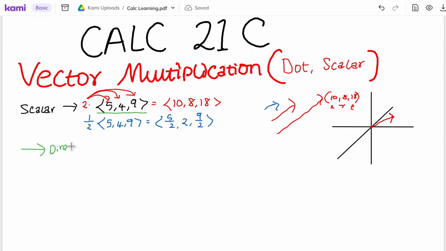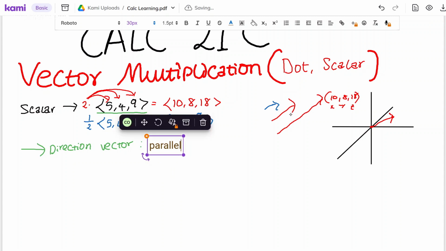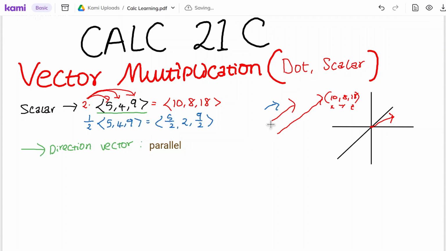And when you multiply a direction vector by a scalar, it gives you a parallel vector. As you can see here, all of them are parallel to each other, and they're never going to intersect. That's how you can find a different vector that's parallel to the original: you can just find a scalar multiple of it.